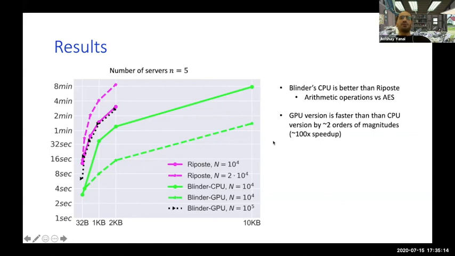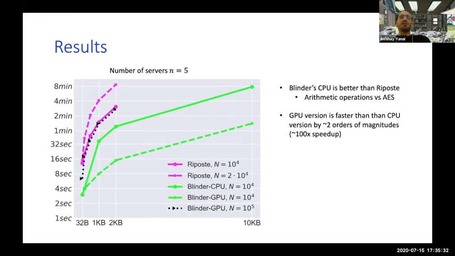Furthermore, the GPU version of Blinder is way faster. The black line in the figure represents one epoch with 100,000 clients, whereas all other lines represent epochs with only 10,000 clients.